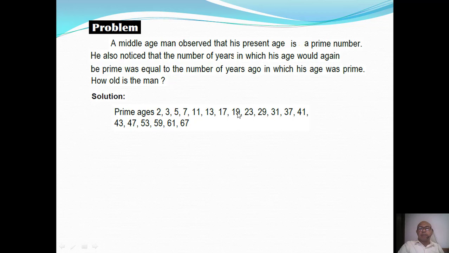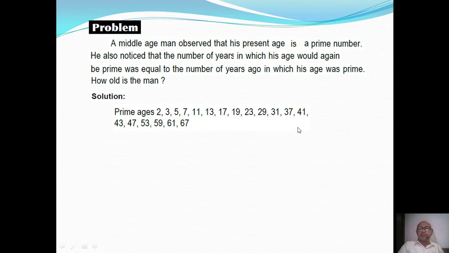But comparing 19 and 23, the next succeeding prime number, this is 4 years. So the number of years to the preceding prime and to the succeeding prime are not equal. So 19 is not the answer.